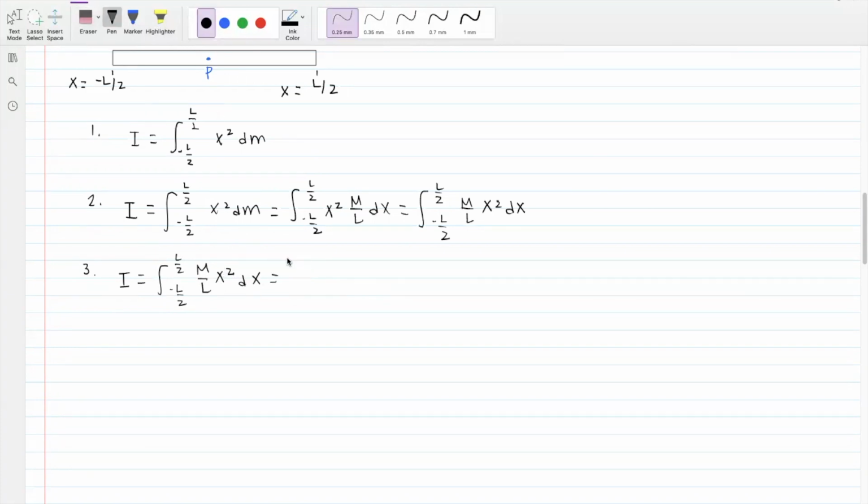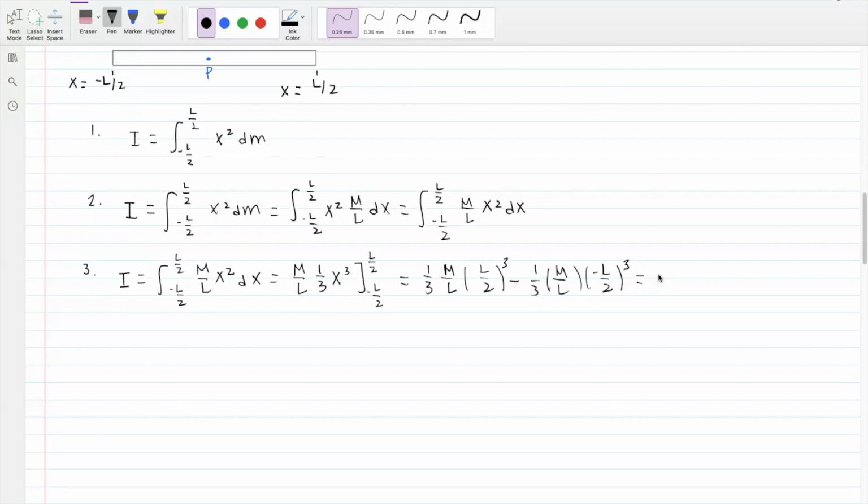So taking the integral of this equation will give you m over L times 1/3 x to the third with the limits from negative L over 2 to L over 2. So this will give you 1/3 m over L times L over 2 to the third, again replacing x with the top limit, minus 1/3 m over L times negative L over 2 to the power of 3, again replacing the x with the lower limit and then negating it.